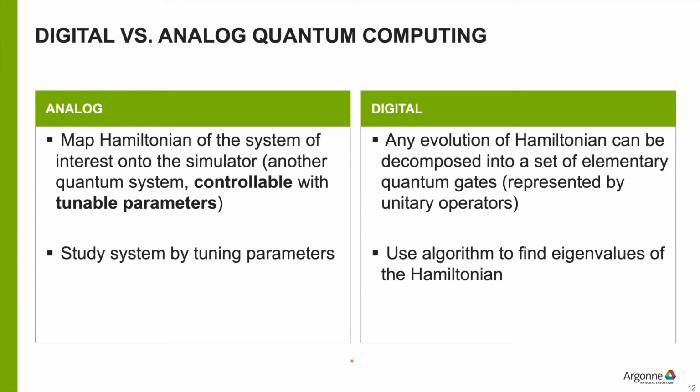And what I'm going to talk about is digital quantum computation, where you can represent any evolution of the Hamiltonian as a set of elementary quantum gates, and it doesn't matter what the underlying architecture of the quantum computer is.